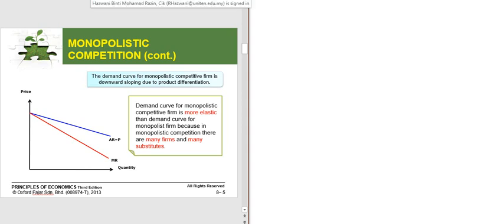You have the average revenue bigger than the marginal revenue. So the average revenue curve is above the marginal revenue curve. So in this case, how would you differentiate between the graph for monopoly and the graph for monopolistic competition market? Okay, so the difference is actually in terms of the elasticity.